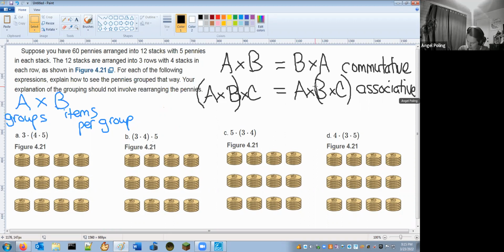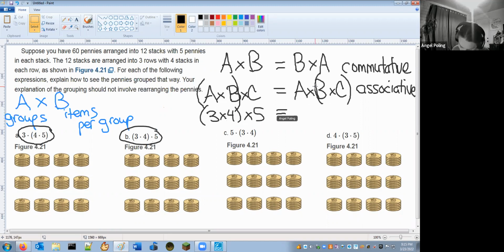Okay, that's the one I was looking for a second ago, I think. But let's see. We've got 3, 4, 5 for A and 3, 4, 5 for B. So let's look at that. That one on number B is written 3 times 4 in parentheses times 5. And on A, it's written 3 times 4 times 5.